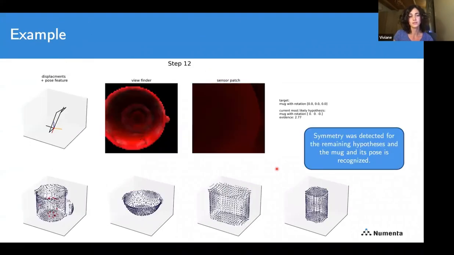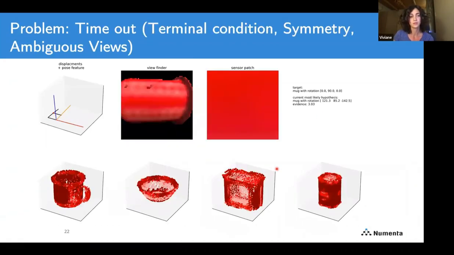Okay, so this is really nice. And overall, from initial tests so far, this learning module seems a lot more robust. One problem is that it reaches timeout very often now, especially when we have symmetry or ambiguous views.